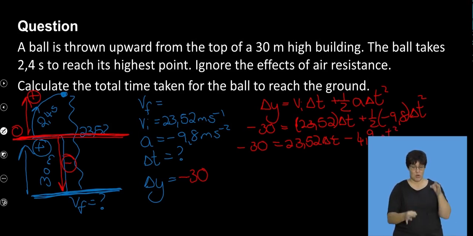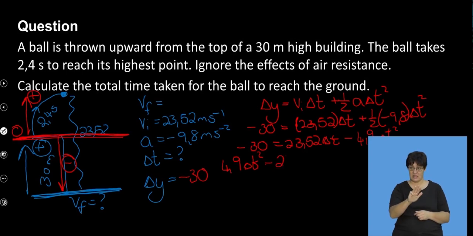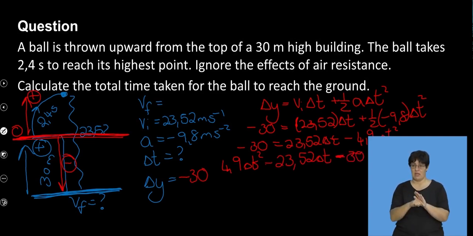If I manipulate this, I'm going to get 4,9 delta t squared minus 23,52 times delta t minus 30 equals naught.